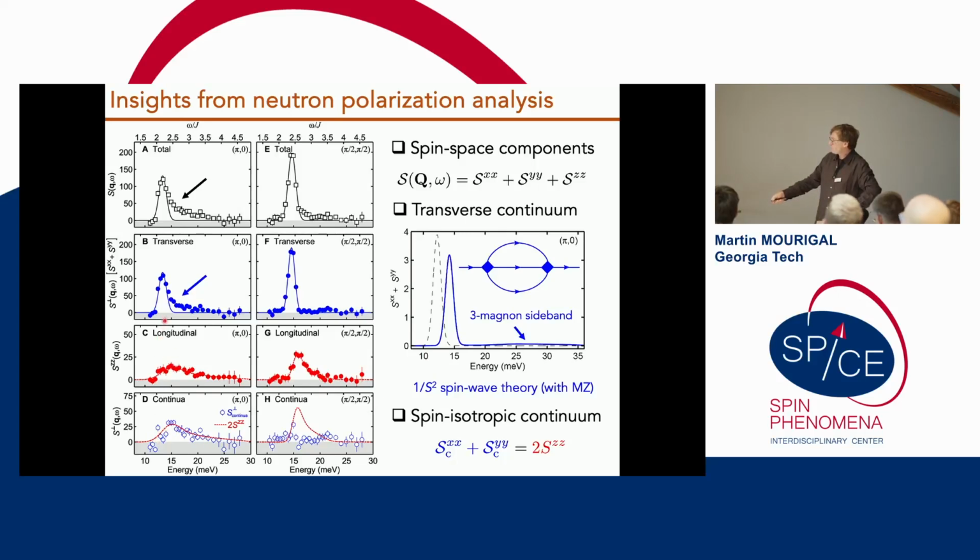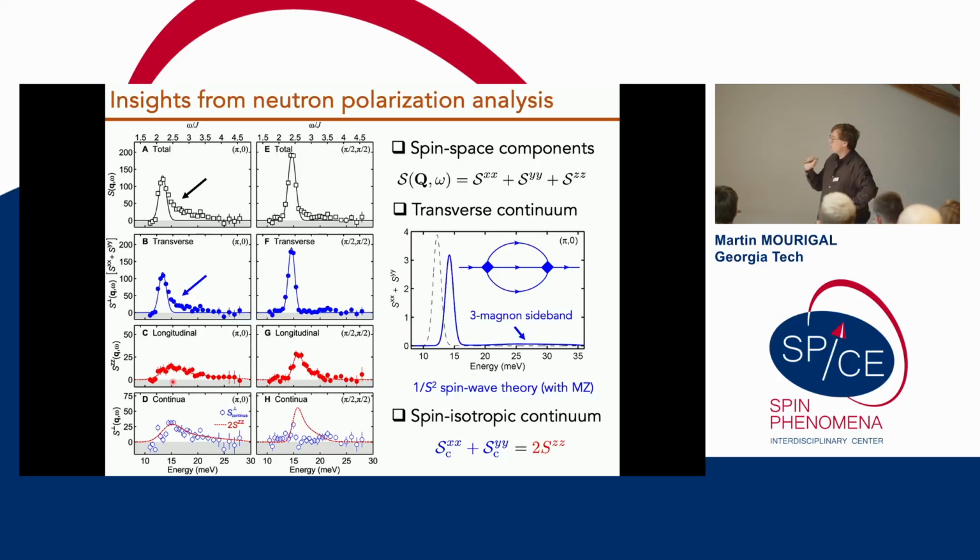If you put the two together, this extra continuum at pi0 seems to originate from an isotropic continuum in spin space. That is the power of the technique: to analyze a detail in the structure factor and understand how it behaves in spin space.